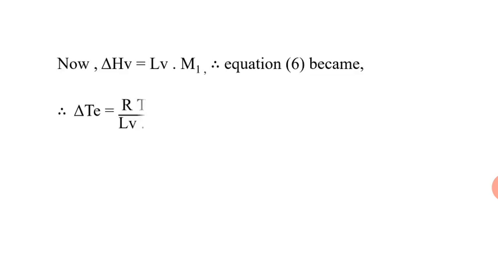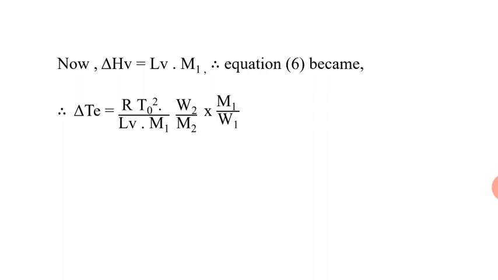Now delta Hv is equal to Lv into M1. Putting this in equation number 6, we get delta T is equal to R T0 square upon Lv into M1, into w2 upon M2 into M1 upon w1.